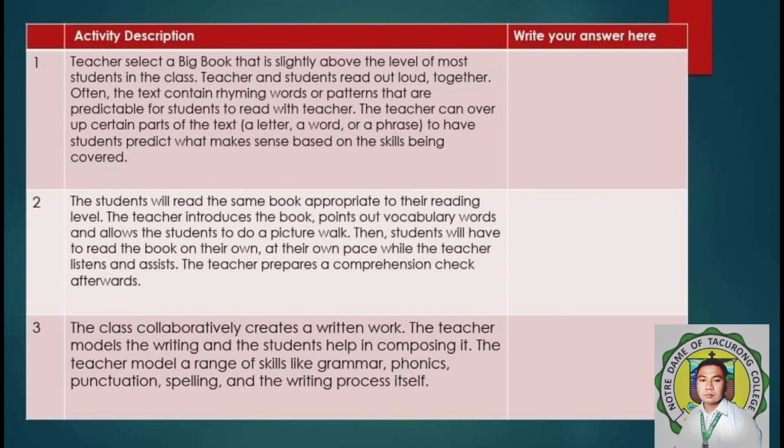Number 3, the class collaboratively creates a written work where the teacher models the writing and the students help in composing it. The teacher models a range of skills like grammar, phonics, punctuation, spelling, and the writing process itself.